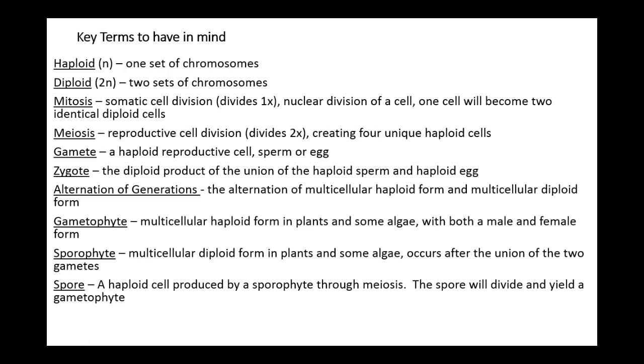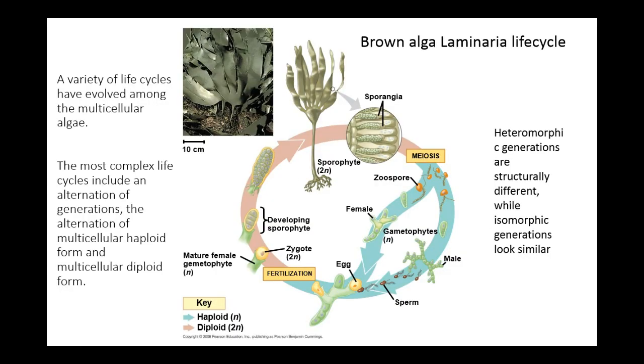And then the spore is the haploid cell that's produced by a sporophyte. It will divide and become a gametophyte. And here you have the image. This particular algae is cherished particularly by the Japanese, if you like Japanese food.